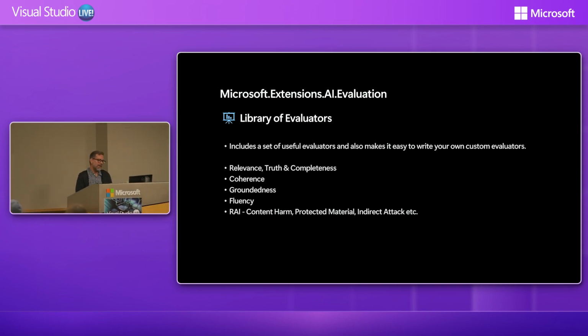And then really, most importantly, is responsible AI. There's a whole bunch of different evaluators that go against making sure that your AI doesn't turn evil, right? The way AI works is that it has this context window, and you can kind of steer it when responding.